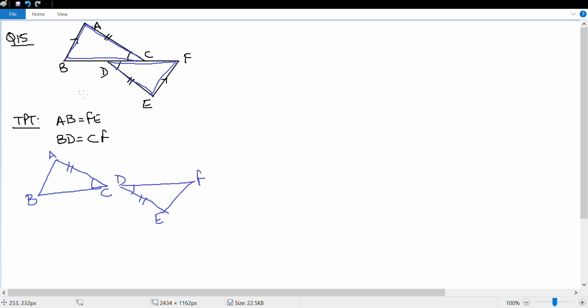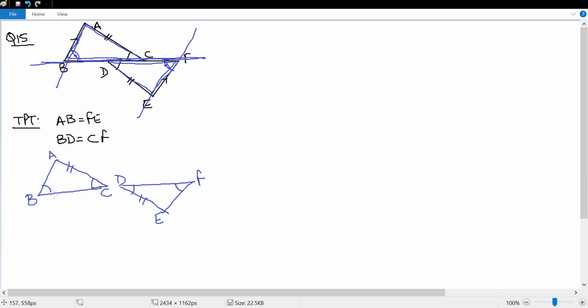So let's see what I can do with this parallel line. AB is parallel to FE and BF is my transversal. What does it make these two angles? Yes, angle B and angle F are alternate angles, and these alternate angles will be equal because these are parallel lines.